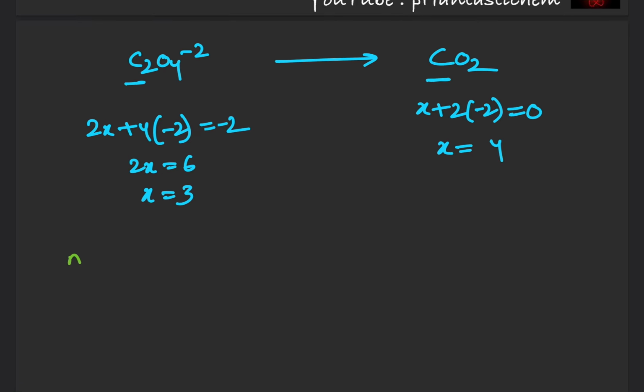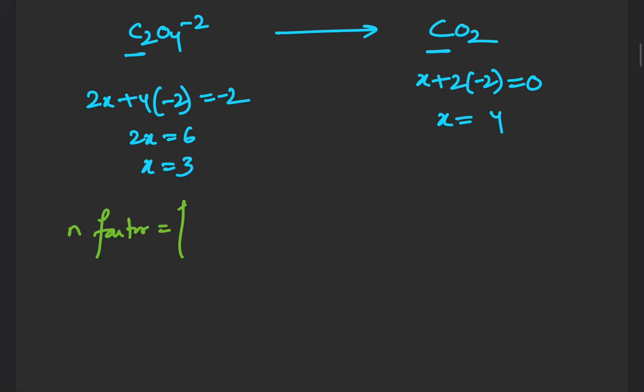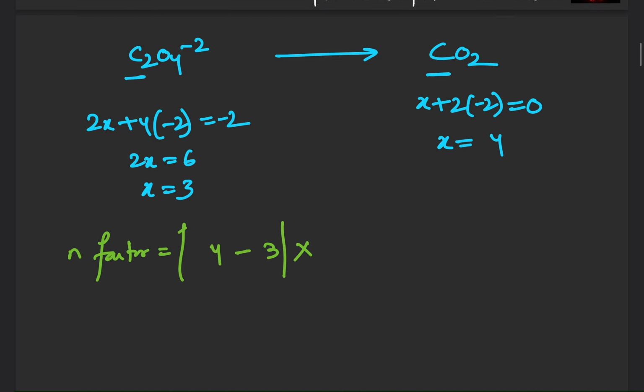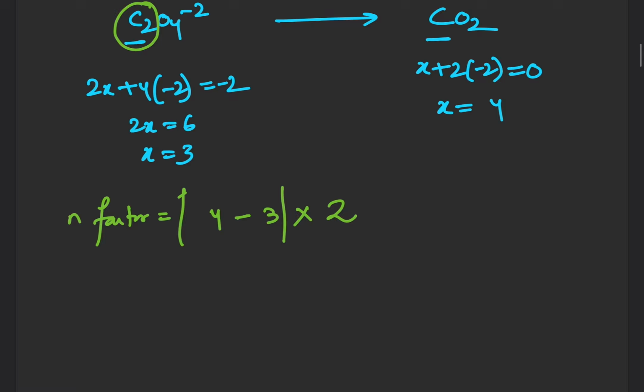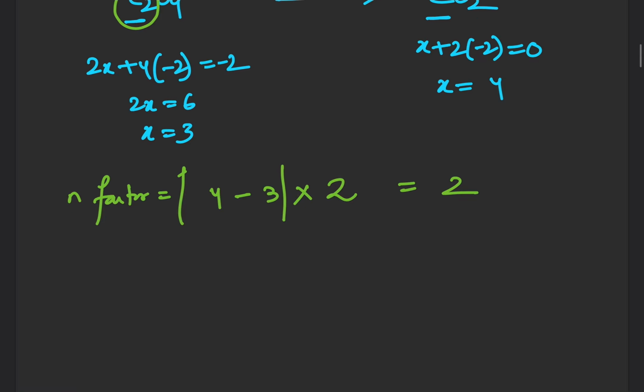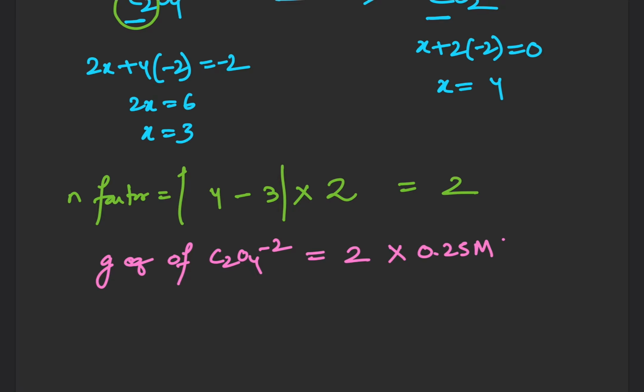Therefore, n factor is modulus of final oxidation state 4 minus initial oxidation state 3, into 2, since 2 carbon atoms are undergoing change in the reactant. So this is equal to 2. Therefore the gram equivalents of C2O4 2- is 2 into molarity 0.25 M, which is given, into 10 ml, so 10 by 1000.